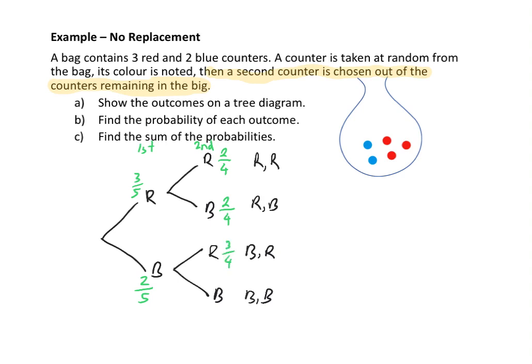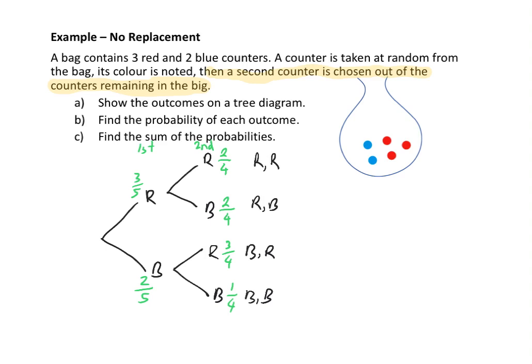And I'm only going to have 1 blue counter remaining if my first draw is a blue, so that's going to be 1 over 4. So you'll see that the probability of my second draw changes if I don't replace the counter after the first draw. So now I can go ahead and calculate the probability for each of those outcomes.